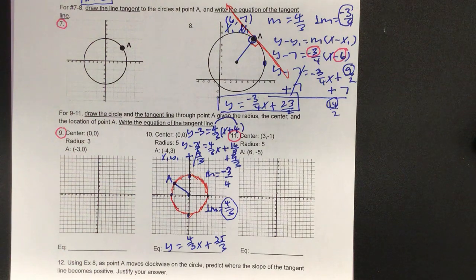If you want to even describe what's happening to the tangent line as we pass (8, 3), even better. Okay, be ready to share. And it's okay not to be perfect.